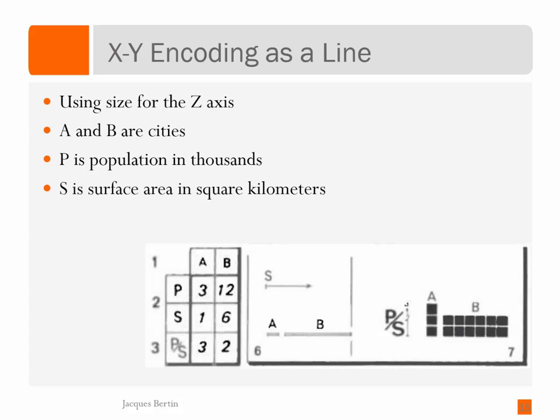So if we look at the city of A, we have basically a population of 3. So each one of those squares is 1,000 people. So we have 3,000 people stacked up in 1 square kilometer. And so we can pretty well see how that's much denser, how we have more people stacked up in a smaller space. And then we can compare that to B, where we have basically 12,000 people in a space of 6 square kilometers.